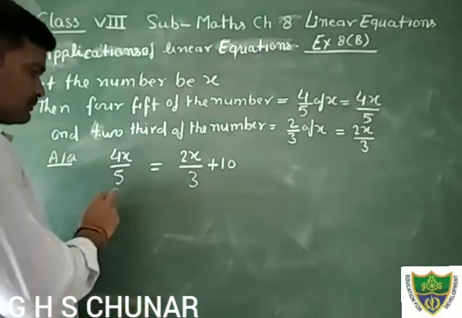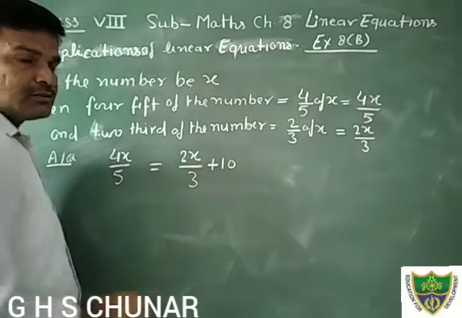Now we solve the equation. Here the denominators are 5 and 3, so we multiply by 15, the LCM of 3 and 5.